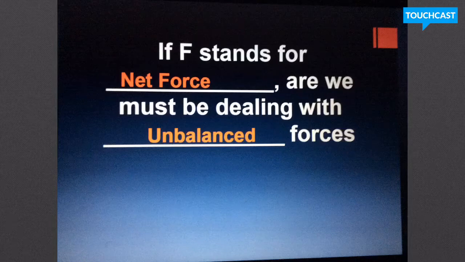So the type of force that we're dealing with is an unbalanced force, because unbalanced forces cause changes in motion. And you're going to see changes in motion as we change the force amount on certain objects and the masses.